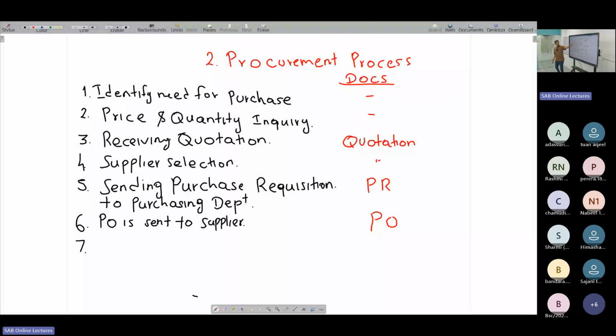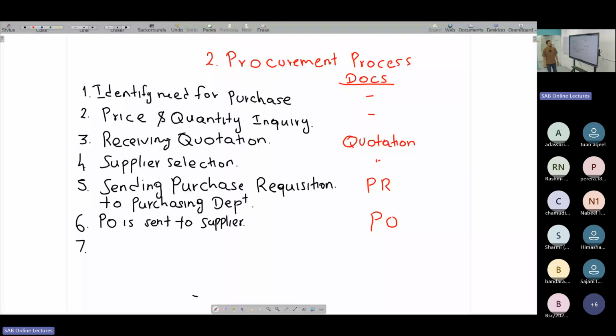One more column I'm not going to include here, so you just write it. Third column, documents. Sales and revenue we have done. First, second, identify need for purchase. That itself is the purpose.